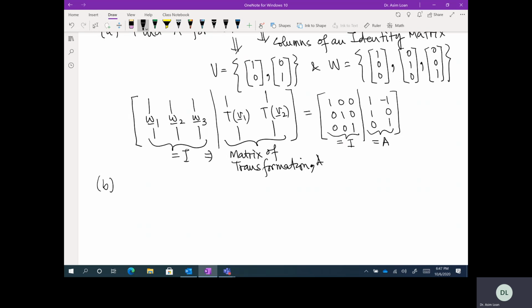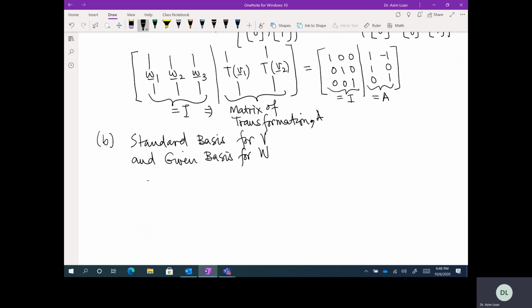Second part, standard basis for V and given basis for W. Whenever the bases are standard, the matrix of transformation is represented by T of B1 and T of B2.